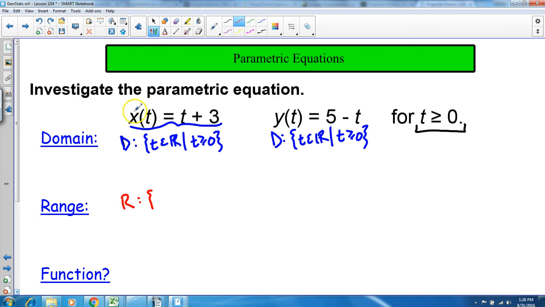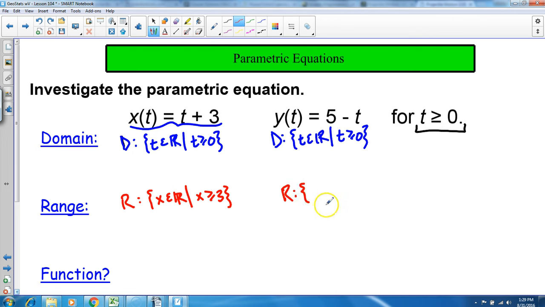My outputs are now x's, so we're going to have all of the x's in the real numbers, such that the lowest value I can get is 3, so my x's have to be greater than or equal to 3. And I'm going to get all the rest of those values based on plugging in domain values from t.